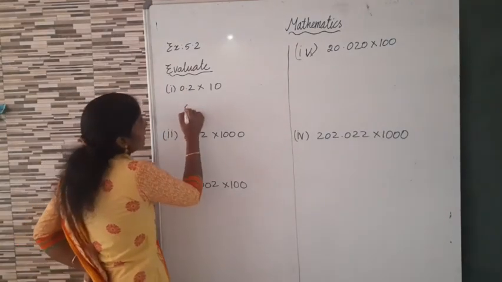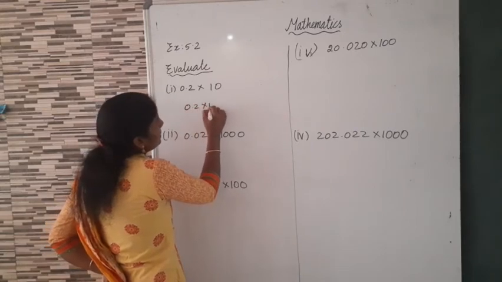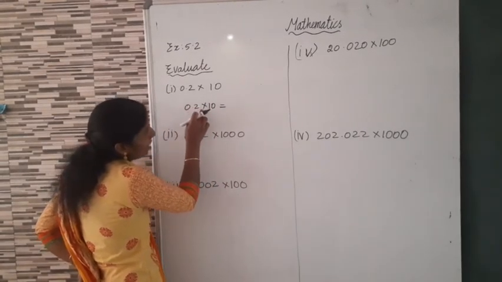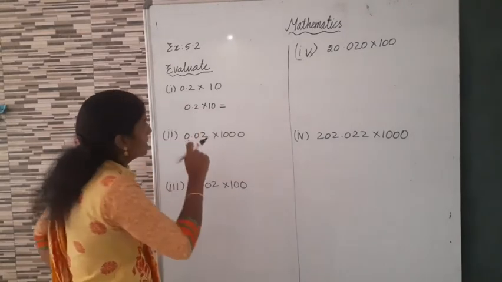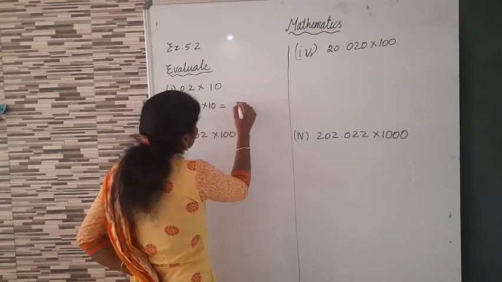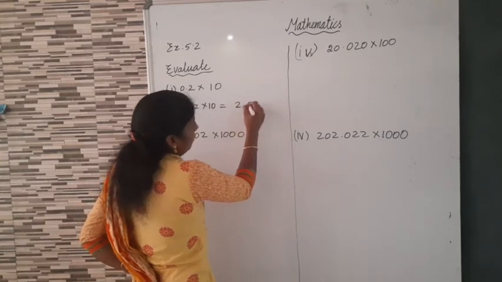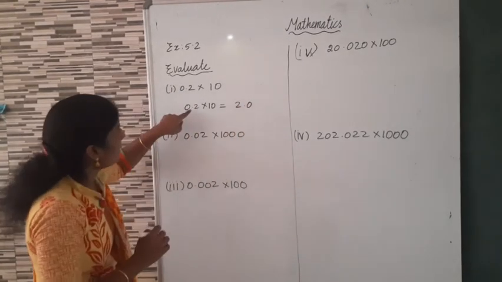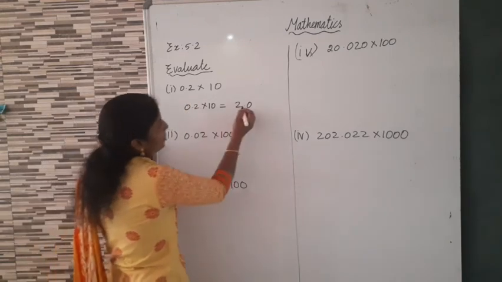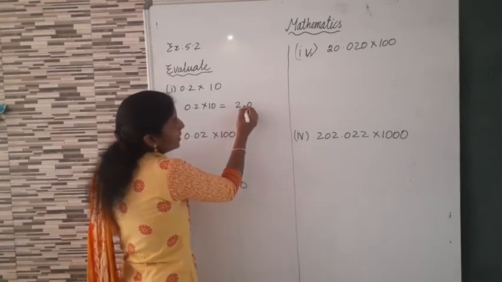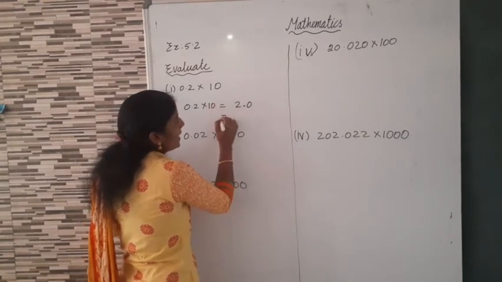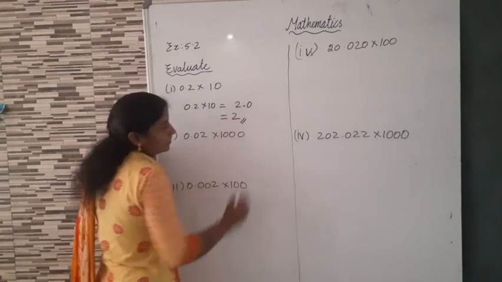So 0.2 into 10 equals, this point will shift to the right by 1 place, means the point will come here, 2.0, isn't it? So what's the answer? 2. After 2 we can put the decimal point. So 2.0 means that the answer is 2.